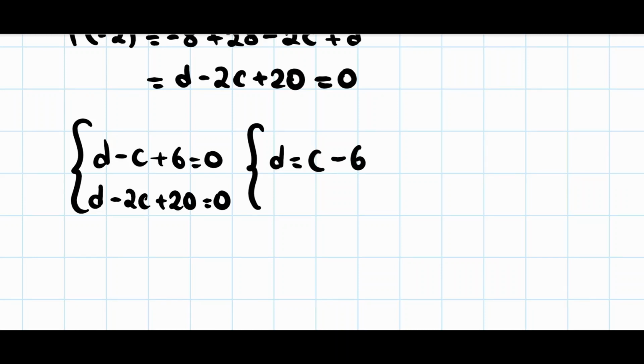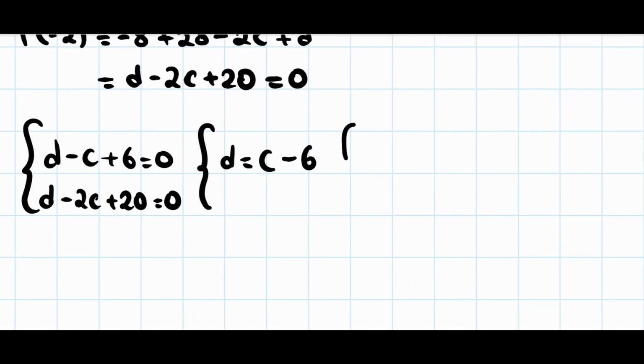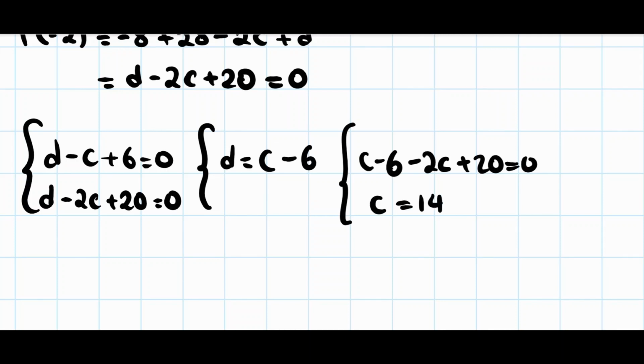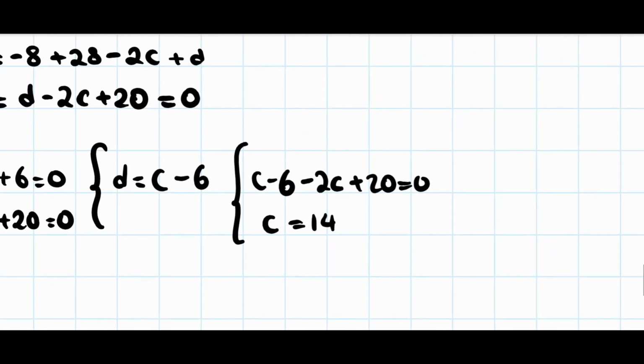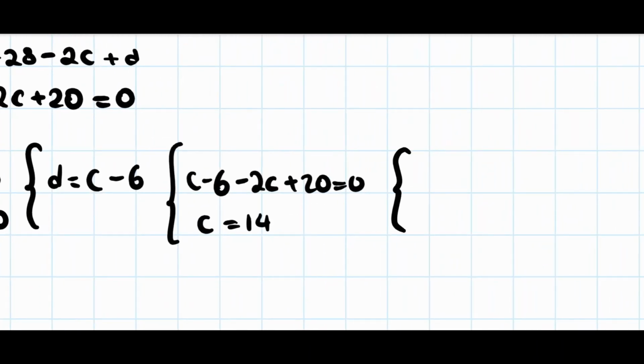We can substitute that into the second equation: c minus 6 minus 2c plus 20 is equal to 0, which means that c will be equal to 14 after rearranging. And so we can substitute that back in, so d will be equal to 14 minus 6, and so d will be equal to 8.